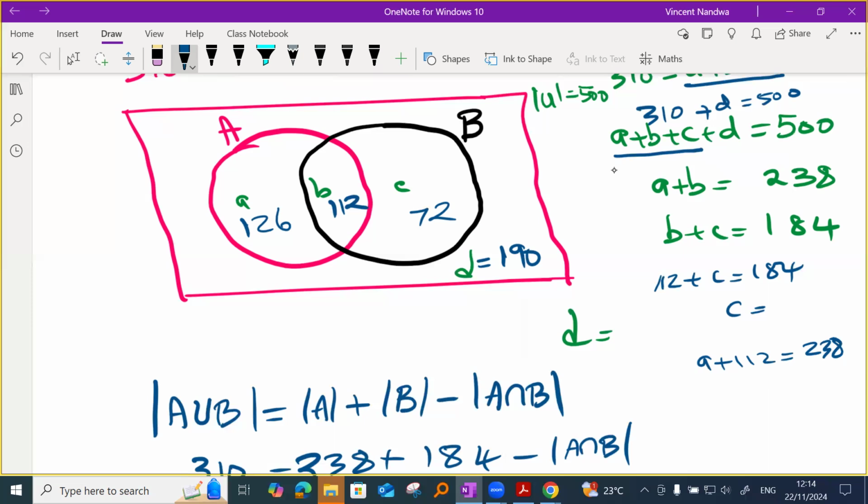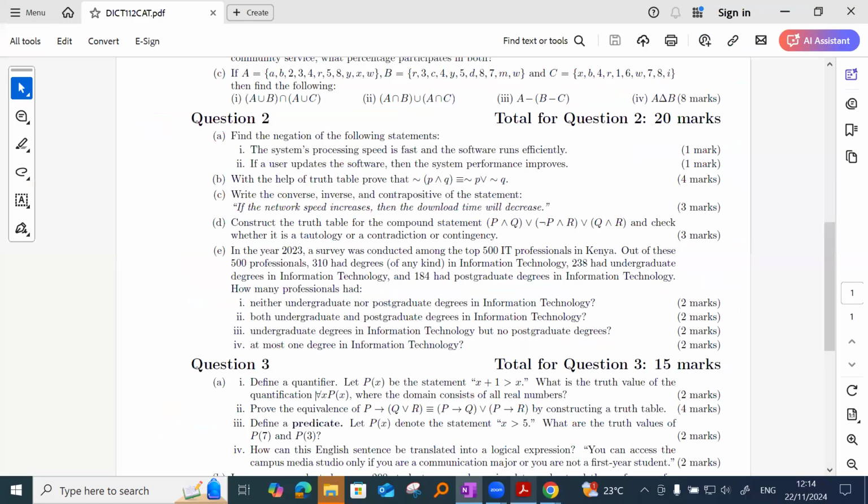So now we can go to the questions and respond one by one. The first one was to find the number of professionals who had neither undergraduate nor postgraduate degrees.